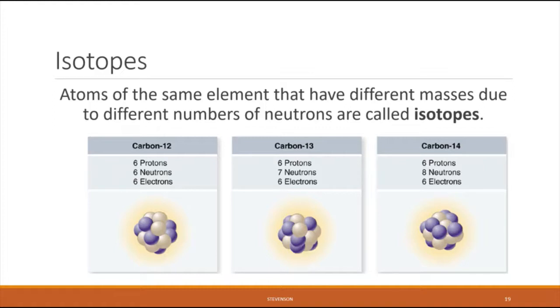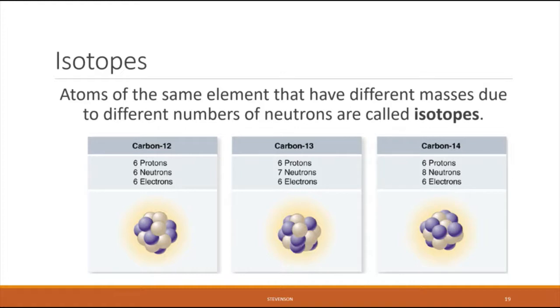So in carbon in particular, there are 3 different isotopes that are known in existence. One of them is called carbon-12. Carbon-12 is called carbon-12 because it has a mass of 12, and that mass is given by the fact that it has 6 protons accompanied by 6 neutrons in its nucleus for a total mass of 12.